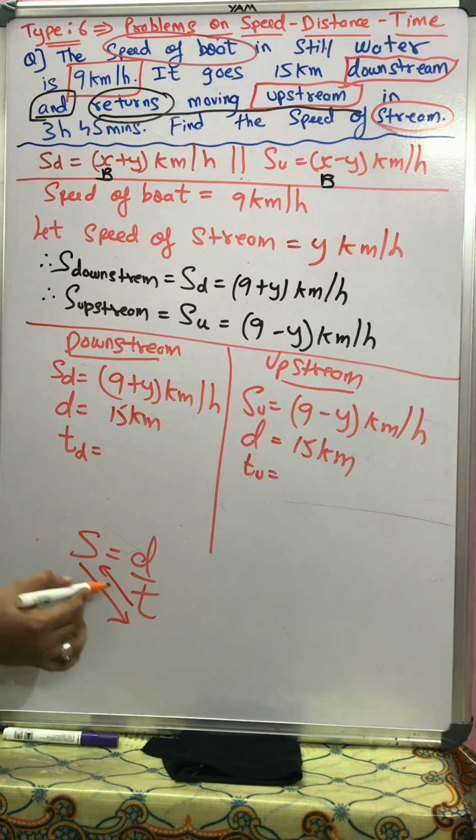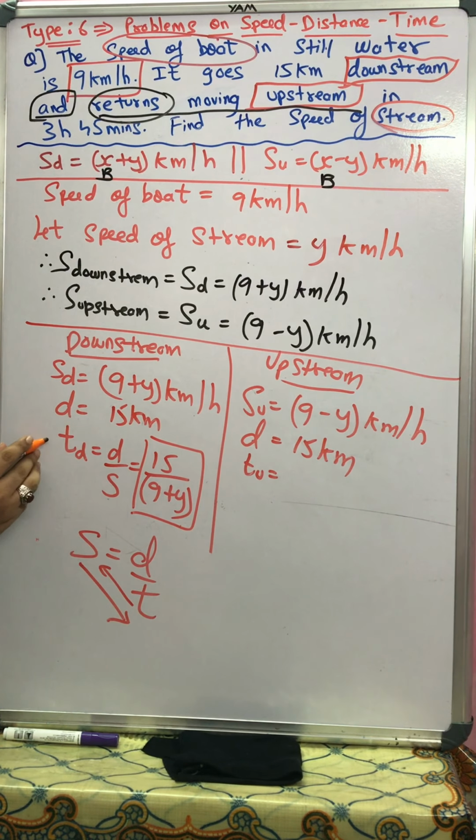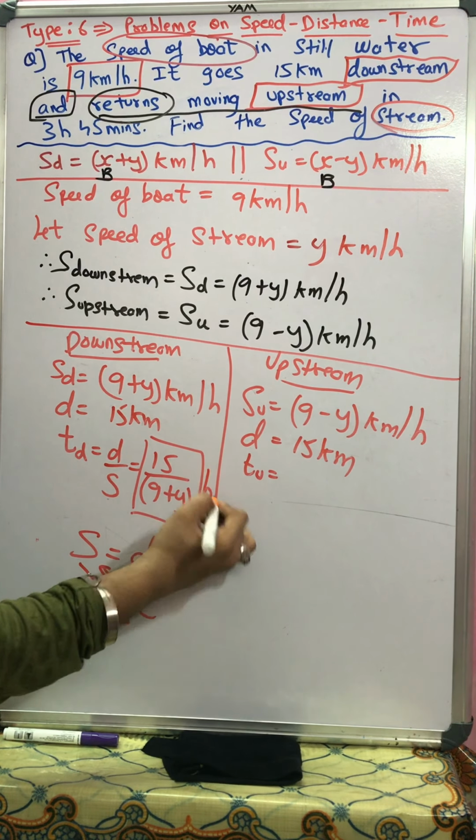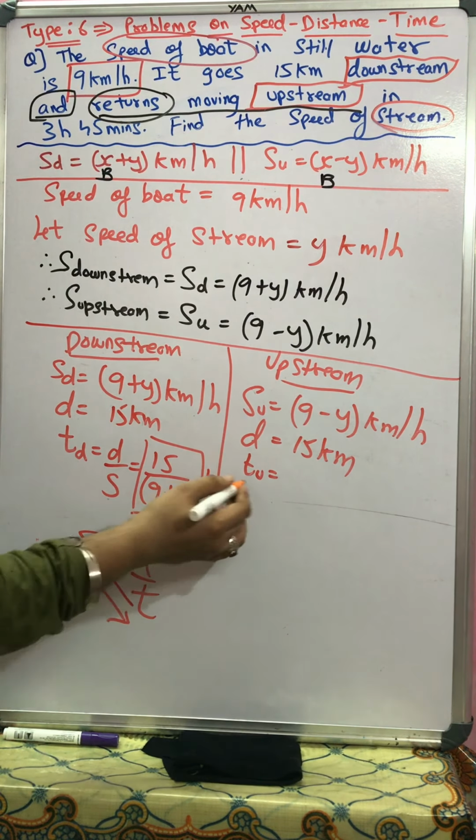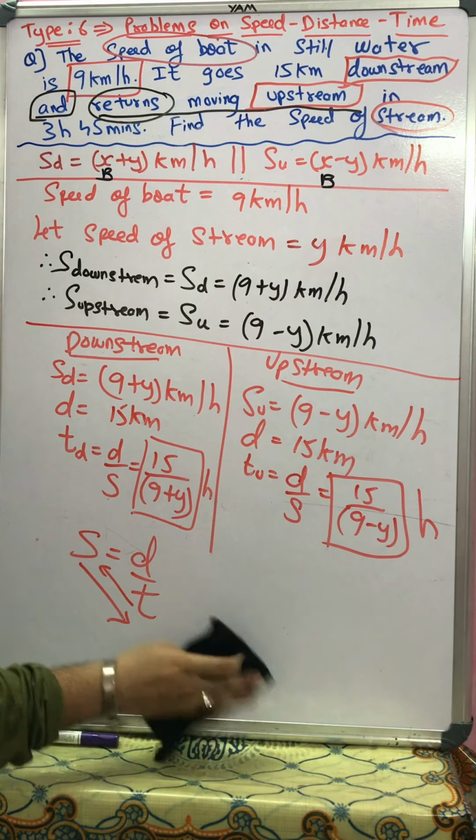We got the time for downstream in hours. Similarly, time is distance upon speed, distance is 15 and speed is 9 minus y. We got the time for upstream in hours. Great, great.